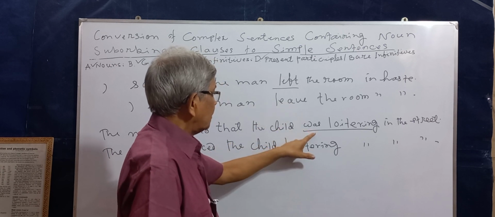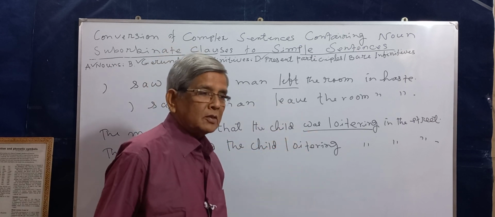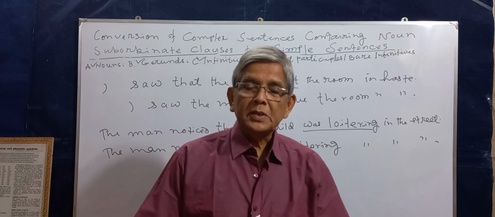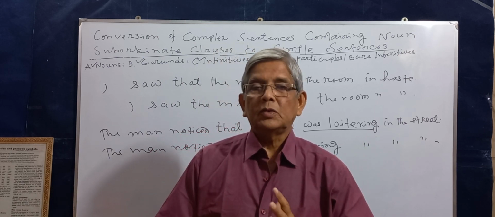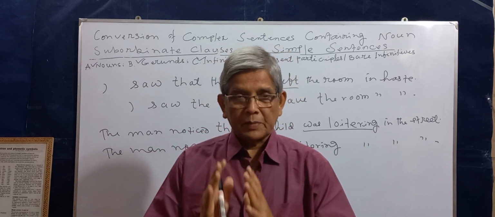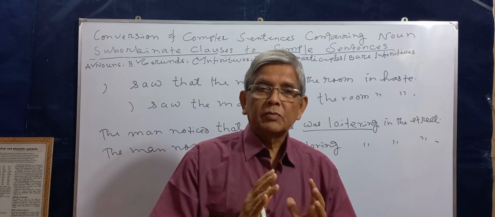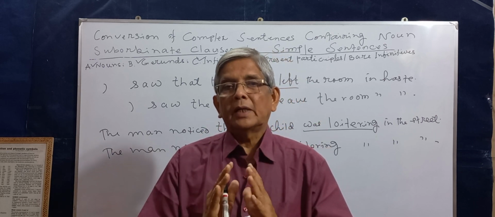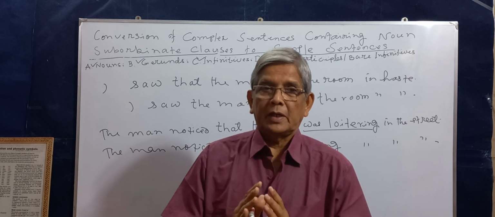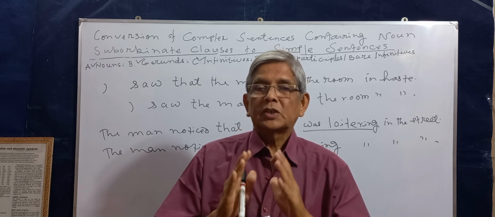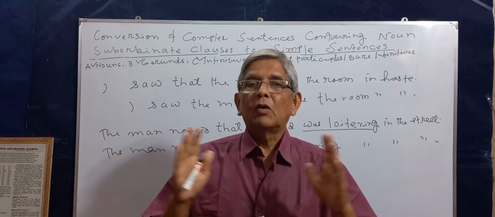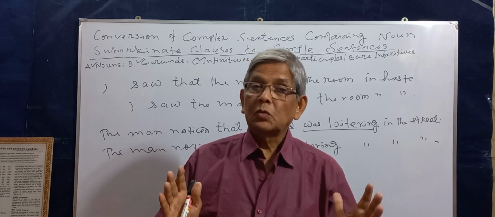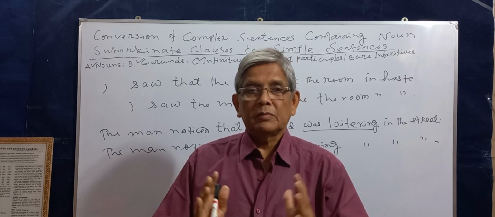If it is in the continuous tense, use the present participle. But when you write or speak, you have the liberty to use either the present participle or the base form when you know that the action is perceptibly, understandably a short one. But in case of a long action, you should use the present participle in simple sentences.